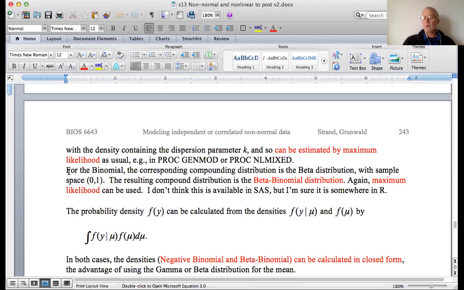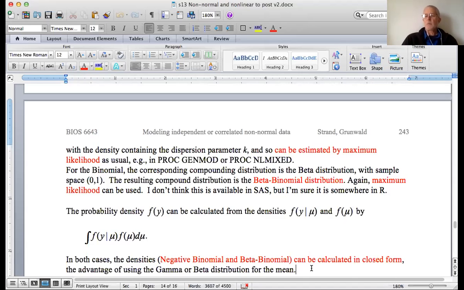It only has really one parameter, but you can assume the probability has a beta distribution, and that gives you a beta binomial, which is a more flexible distribution than binomial. Same sample space, but more flexible, and the same thing in closed form. Any questions on this?